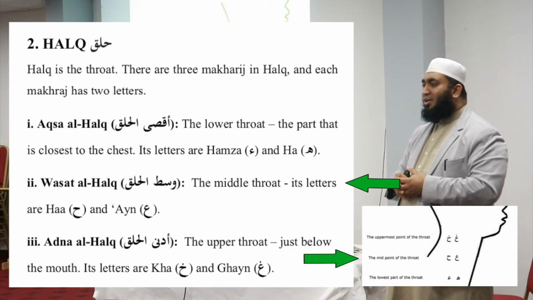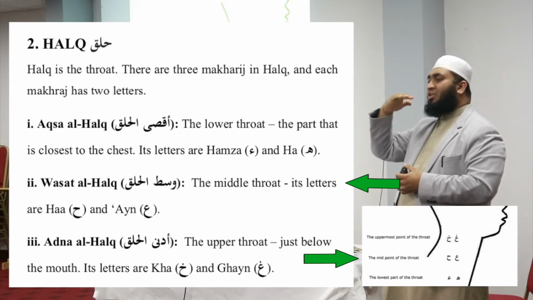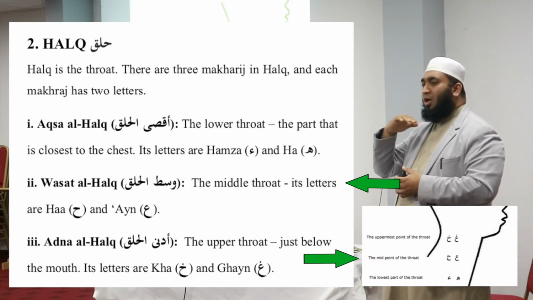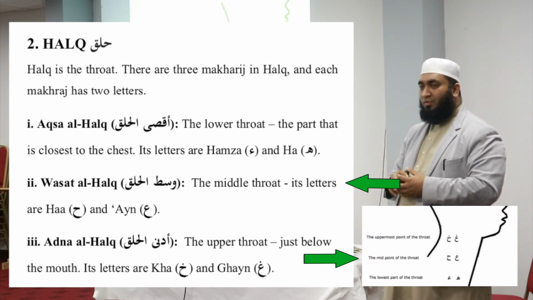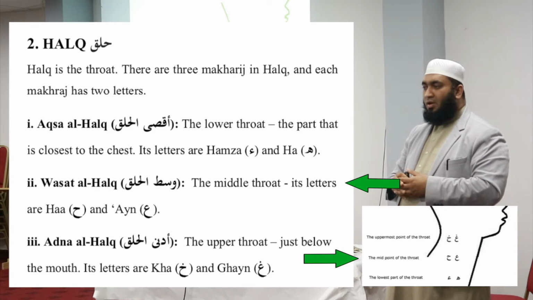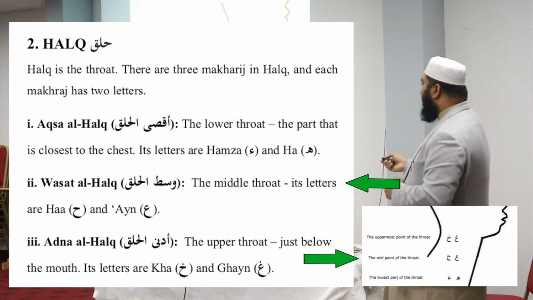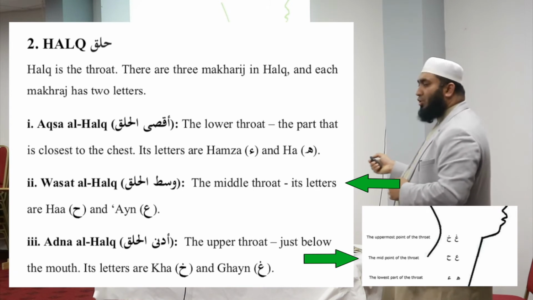If you say it and then go to the lowest part, you have to go a bit up, to the middle of our throat. Ha. Hayya ala salah. So this is the middle of our throat, known as Wasat al-Halq, the midpoint of our throat.